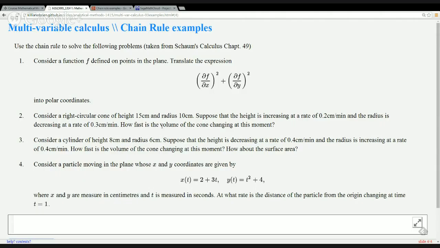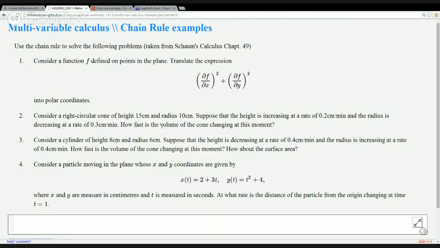So dv dt is going to be dv dr by dr dt plus dv dh by dh dt. Easy peasy. There's only one chain rule equation here because there's only one new variable, the single new variable t, which is parameterizing both the radius and height.